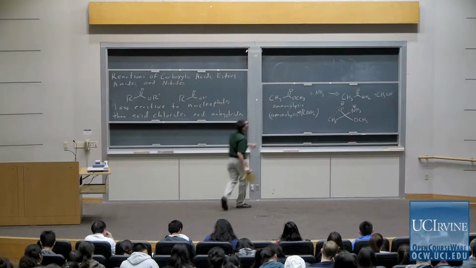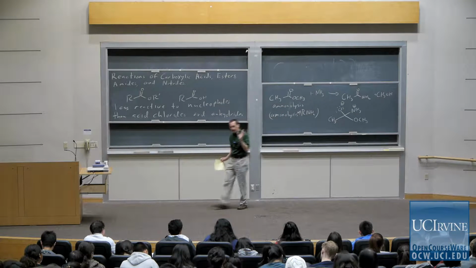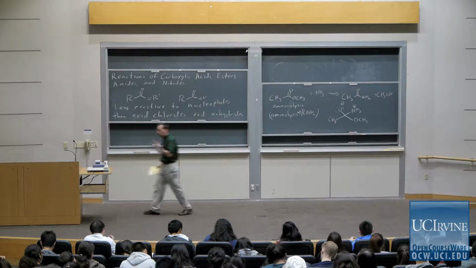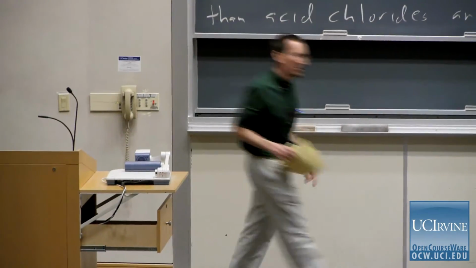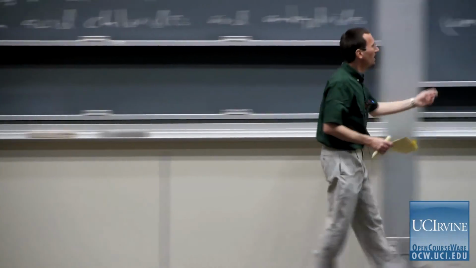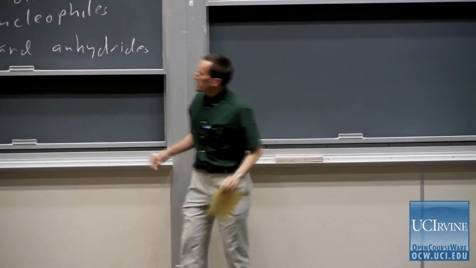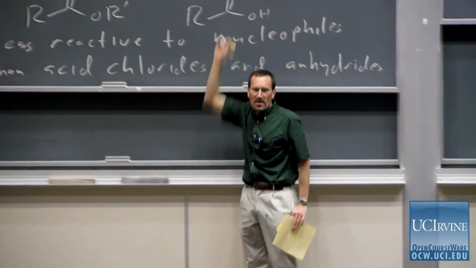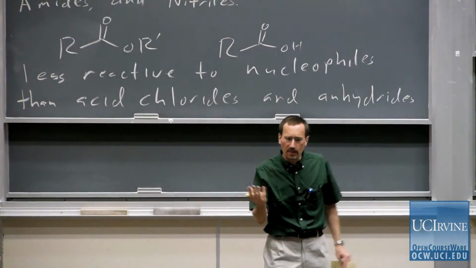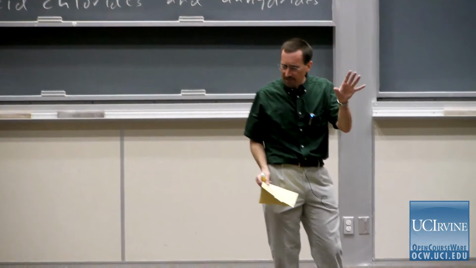But the general gist is that the carbonyl of an ester group is sufficiently electrophilic to react with a basic nucleophile like ammonia, or later on I'll show you hydroxide. Now, for all intents and purposes, the electrophilicity of the carbonyl group of an acid is really very similar to an ester, but there's one big difference.